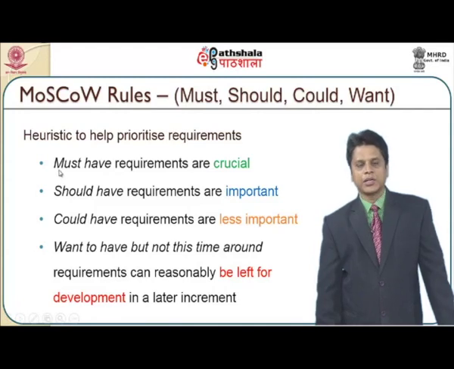With must, all the requirements are crucial. With should, all the requirements are important. With could, all the requirements are less important. With want to have but not this time around, requirements can reasonably be left for development in a later increment.